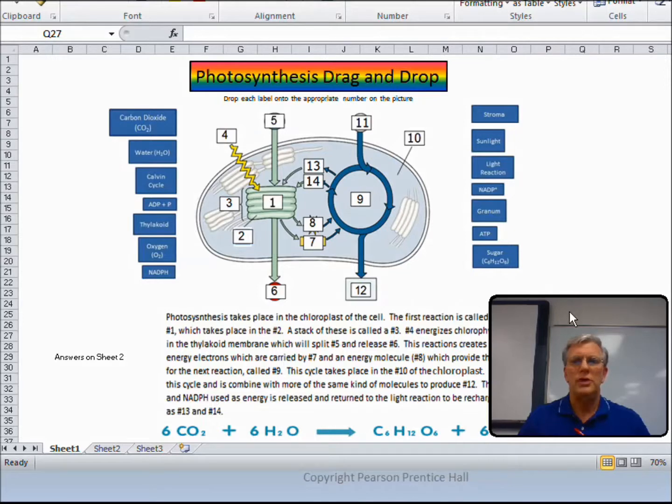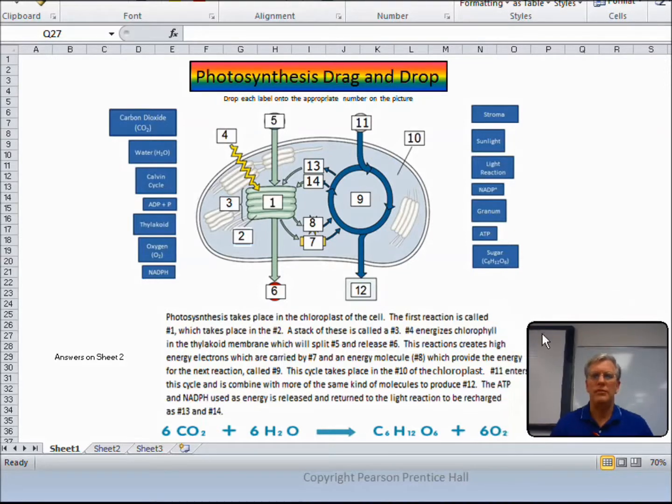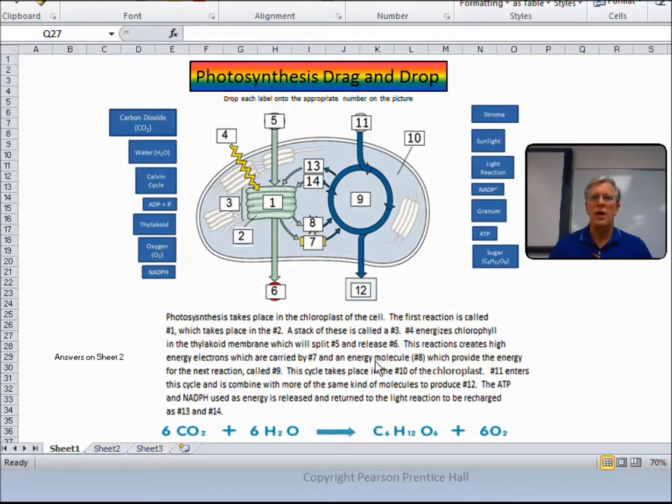And if you will just let me reduce the size of my picture here for a minute. If you will just follow the instructions in this paragraph here and try to fill in this chloroplast one block at a time, you will be able to do what I just did.